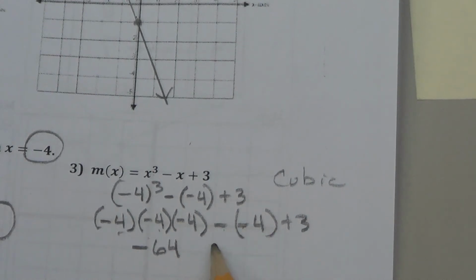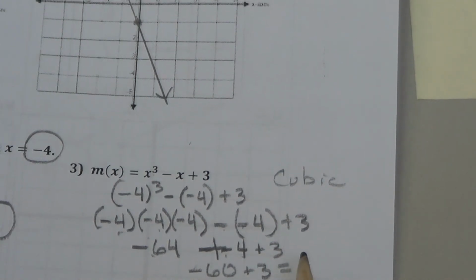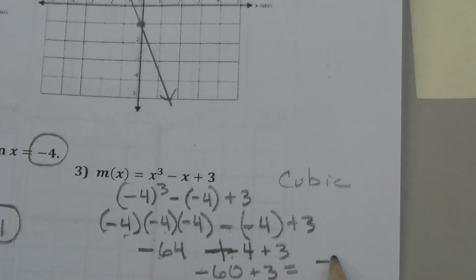Minus a negative. If we take off that parenthesis, we have a minus, so that would be two negatives together is a plus. So a -64 and a +4, it's just a -60. Now we bring down the +3. Negative 60 plus 3, you would subtract because they're opposite signs. So we get negative 57.